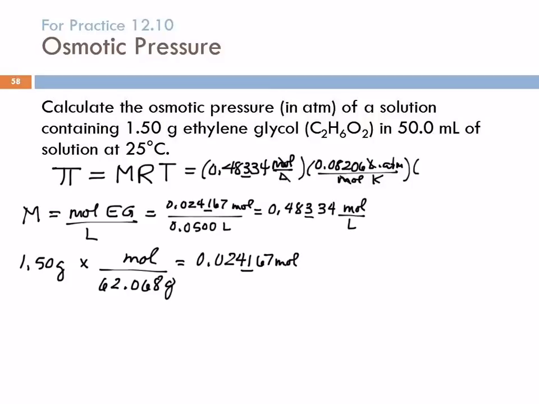And then 25 degrees Celsius plus 273.15 is 298.15. That's not a 5, that's a K. I need that. And the kelvins cancel out. 0.48334 times 0.08206 times 298.15.